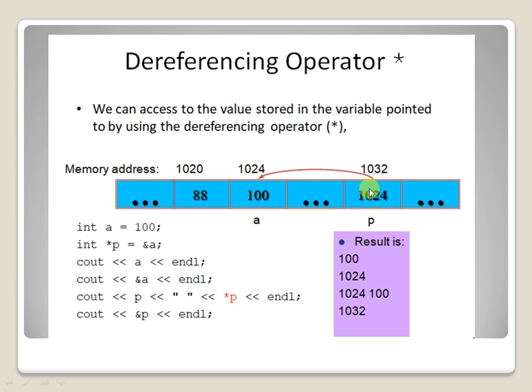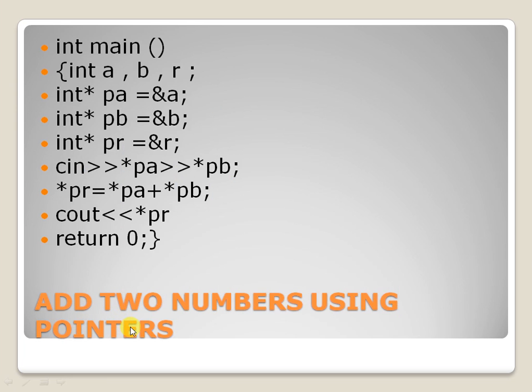If you want to dereference, if you want to see the value of the variable that it is pointing to, you can use this star operator. Just use star p and you'll see the value of that particular variable. And cout ampersand of p, you can write it directly, the address of p. Like you have used ampersand of a, ampersand of a gives its memory address. Similarly, ampersand of p gives the address of p.